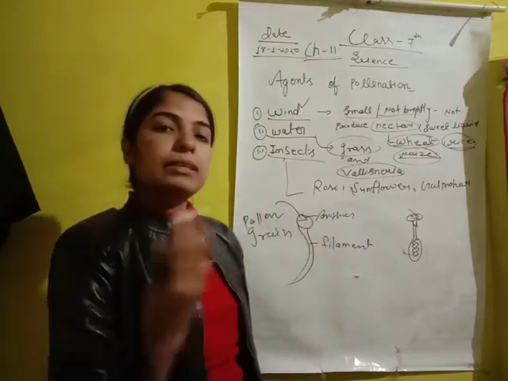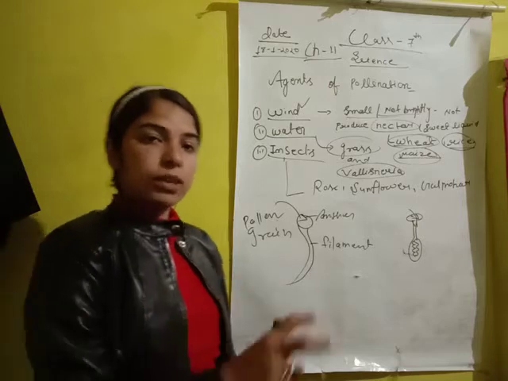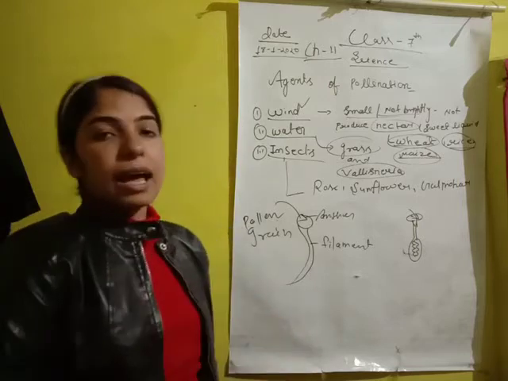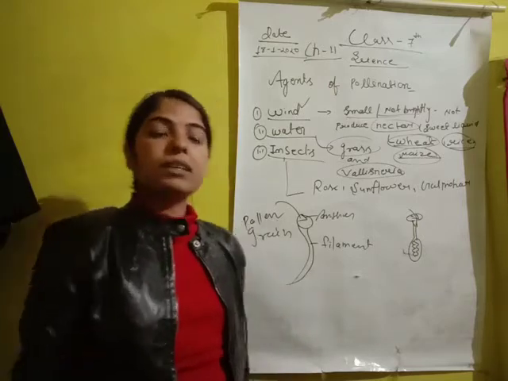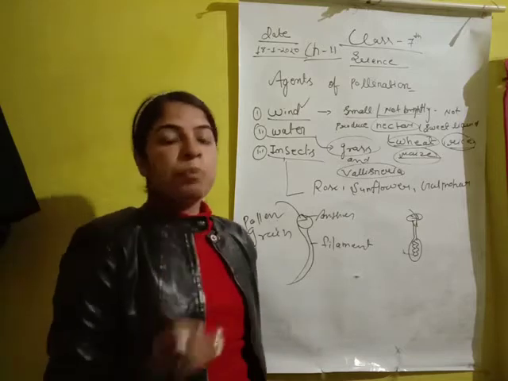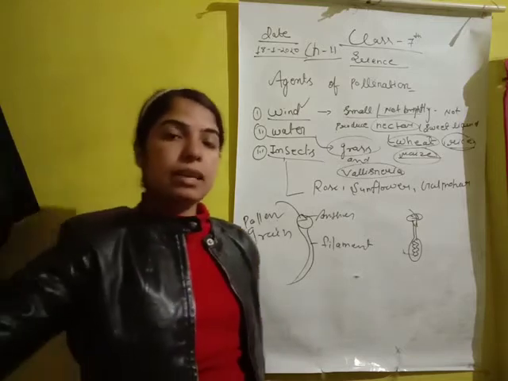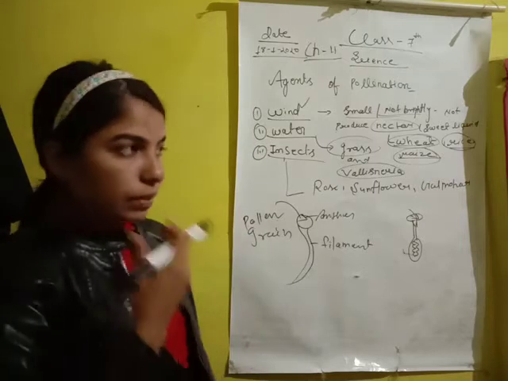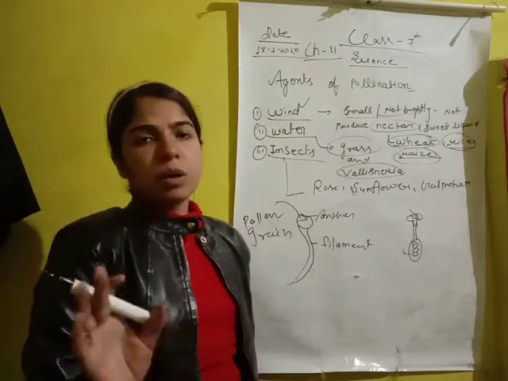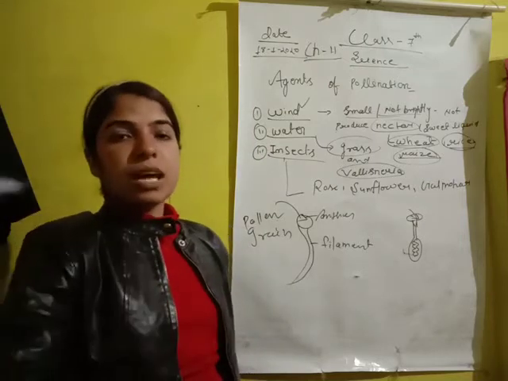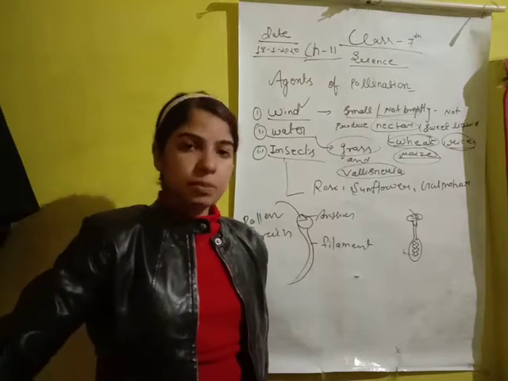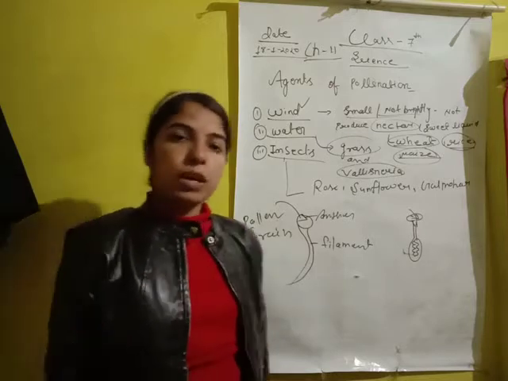With it, they take the pollen grain of a flower's anther, and when they sit on another plant's flower, the pollen grain stuck on the insect's mouth and body is transferred to the stigma of the other flowering plant.